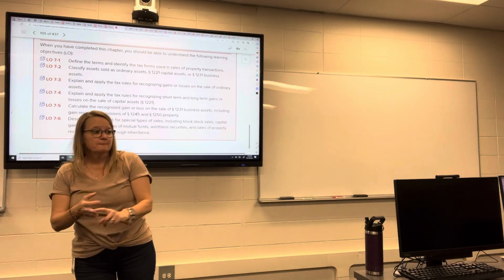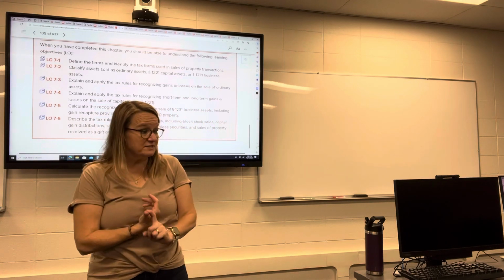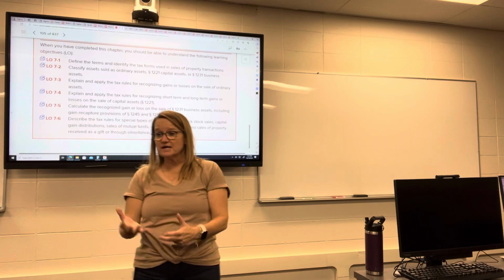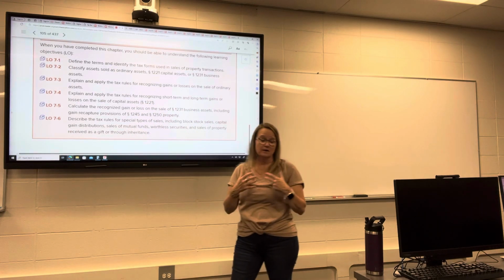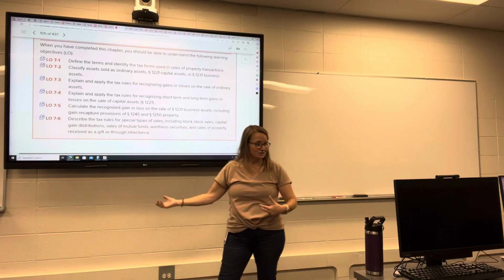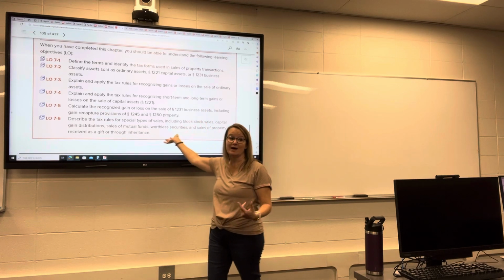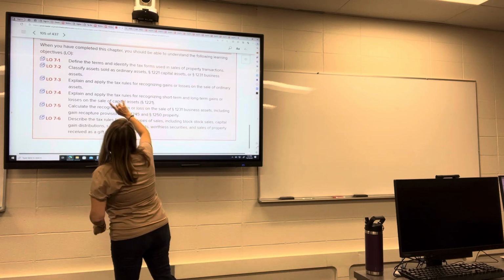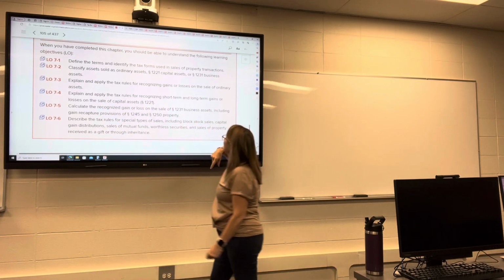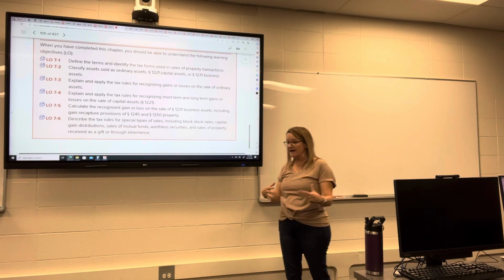Equipment, intangible assets, we might have some investments as well. Those are assets we would find on that balance sheet, but they have different classifications when we sell them, depending upon how we're using them. So we're going to look at the rules for each of those types of assets.